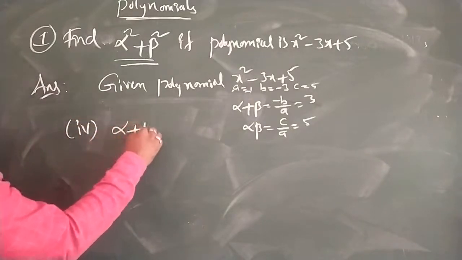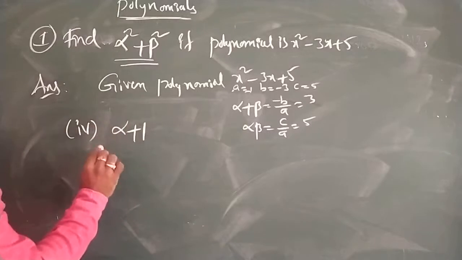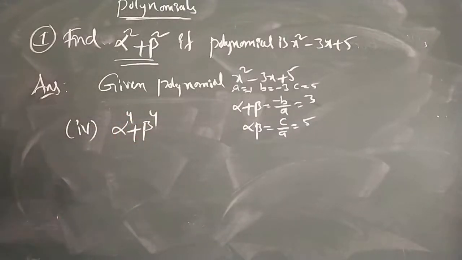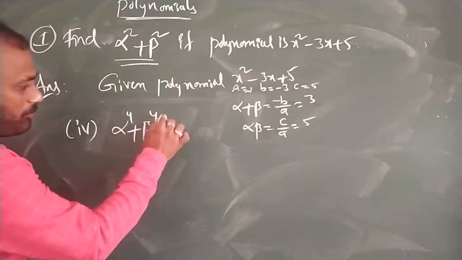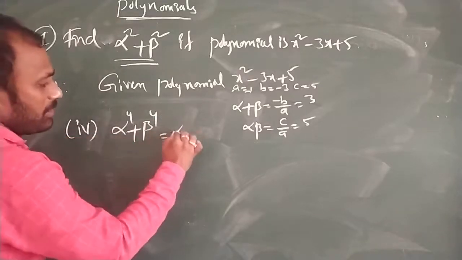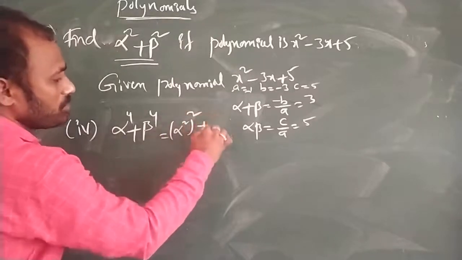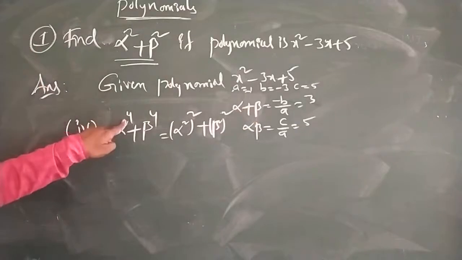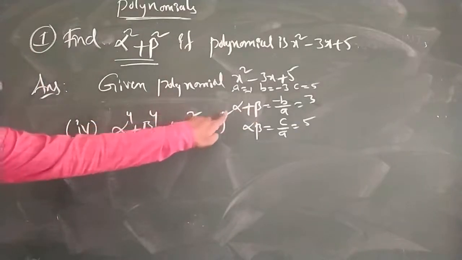Alpha power 4 plus beta power 4. If the question is like this, alpha power 4 plus beta power 4 can be written as (alpha square) whole square plus (beta square) whole square. Because power 4 is there, we can write it as square of a square.